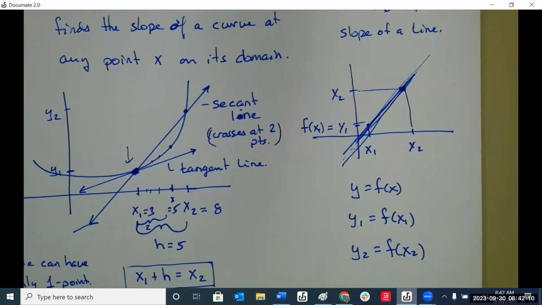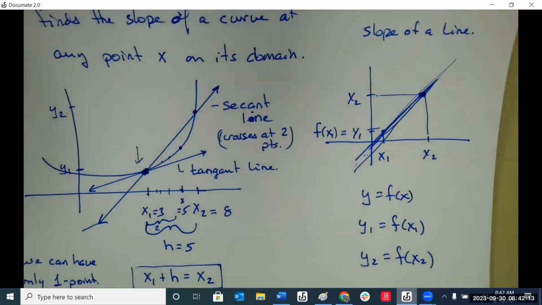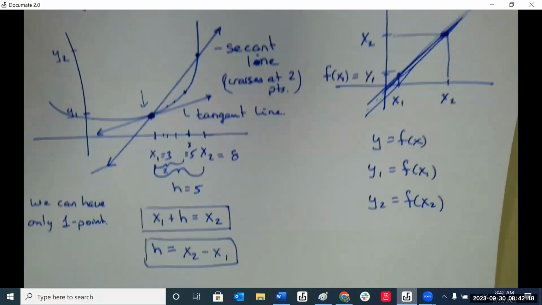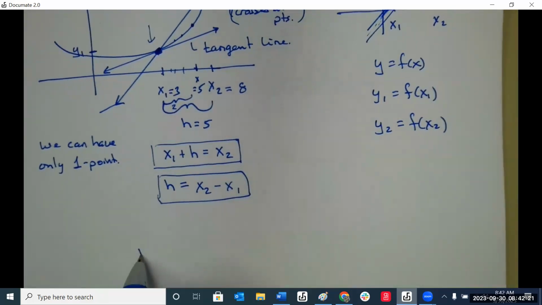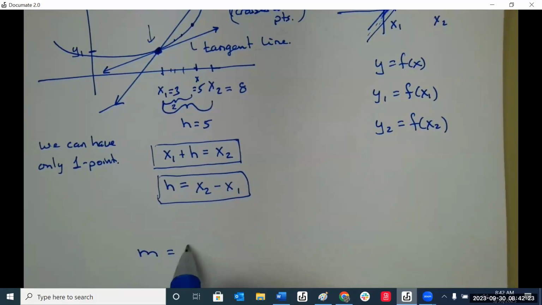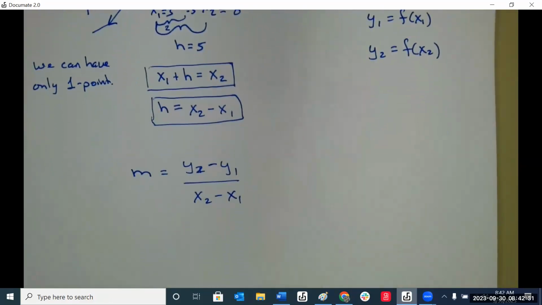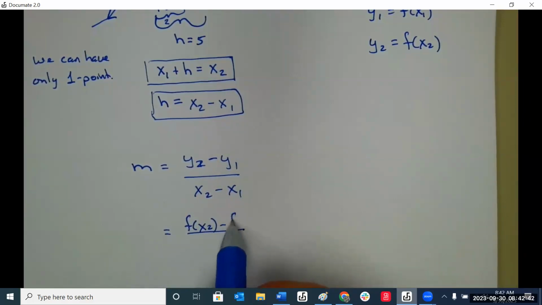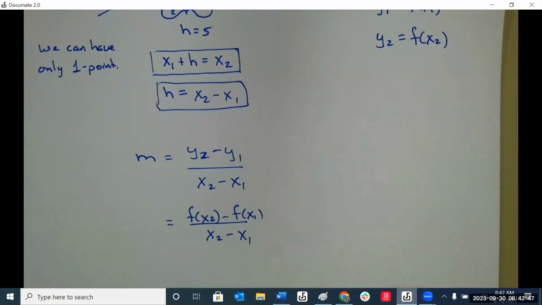So far, so good? Good. Because now we're going to take the step from linear equations to curves to find the slopes. So we had y2 minus y1 over x2 minus x1. This one is f of x2 minus f of x1 over x2 minus x1.